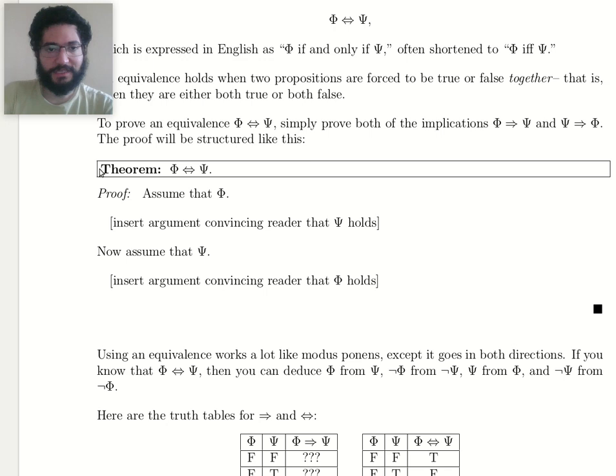Alright, so here's the template for proving, if you ever want to prove something if and only if something else. You have two parts to the proof. First one where you assume phi and prove psi, then one where you assume psi and prove phi. So always see this split into two parts.